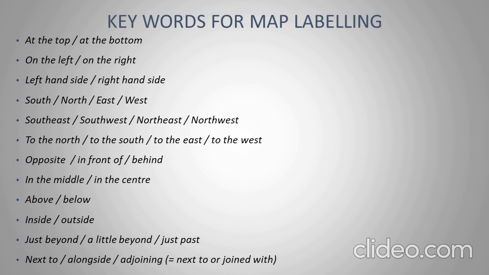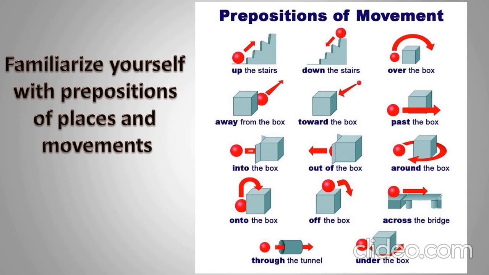And here we have more prepositions on movement. So please familiarize yourself with these prepositions of places and movements as well. Make sure that you understand every preposition. Also, write down those new prepositions in your copybook and learn them by heart.